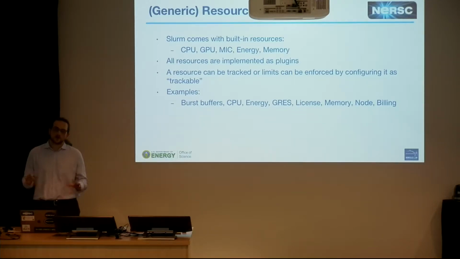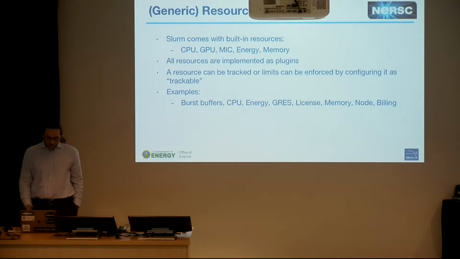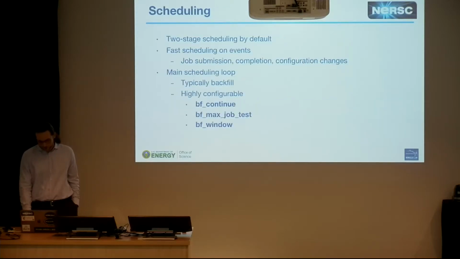So if you reserve a node using 1 CPU and all the memory, you can bill for the whole node, that kind of stuff. Examples for trackable resources would be, as already listed, burst buffers, which is an interesting one, generic resources, licenses, and nodes as a whole.